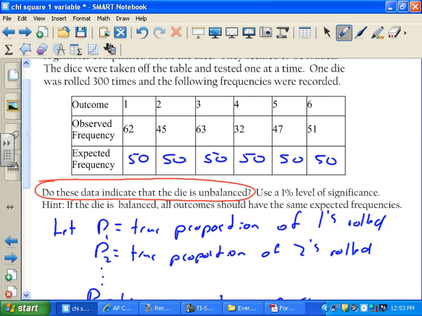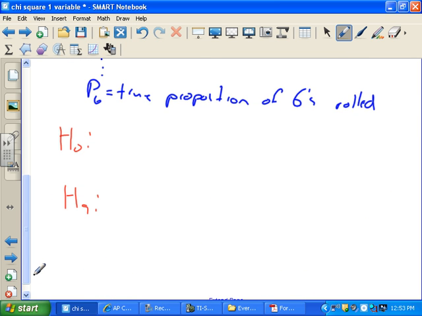So what we're going to assume to be true in this case is that the dice is fair. Does that make sense? And if the dice is fair, that means the proportion of 1s will equal the proportion of 2s, will equal the proportion of 3s, will equal the proportion of 4s, which equals the proportion of 5s, which equals the proportion of 6s. What should all equal what proportion?